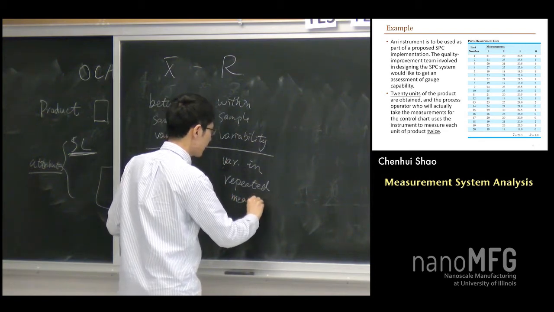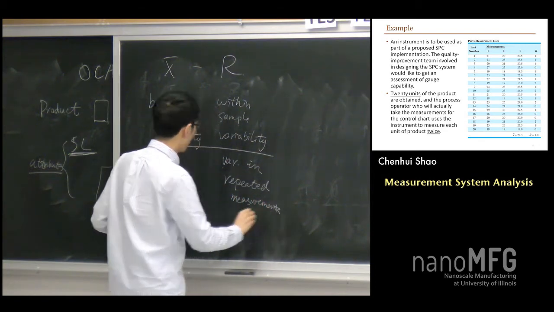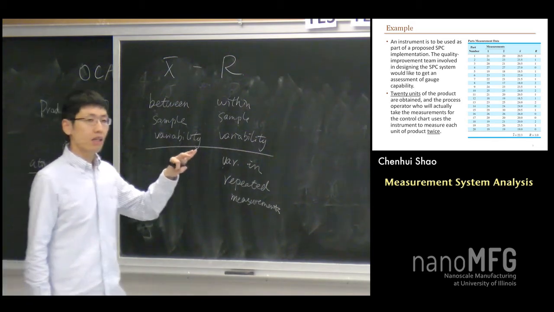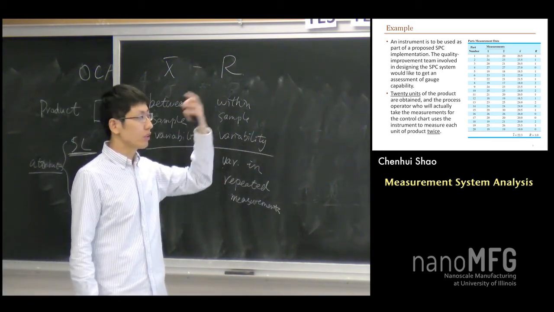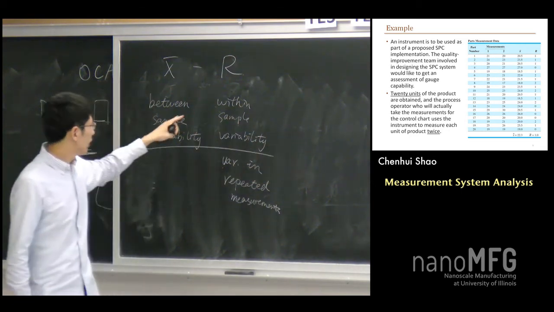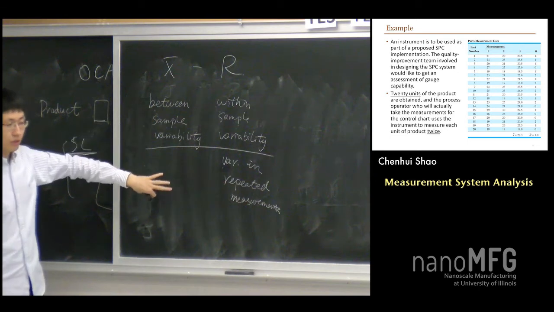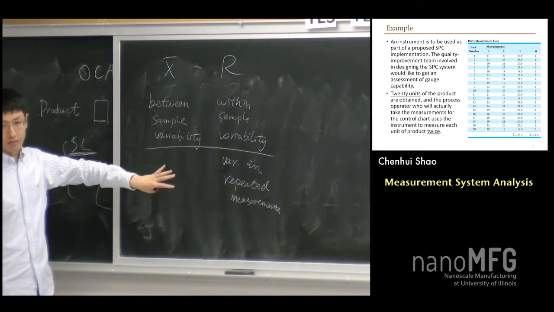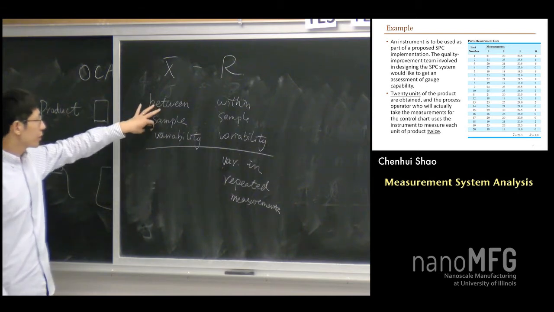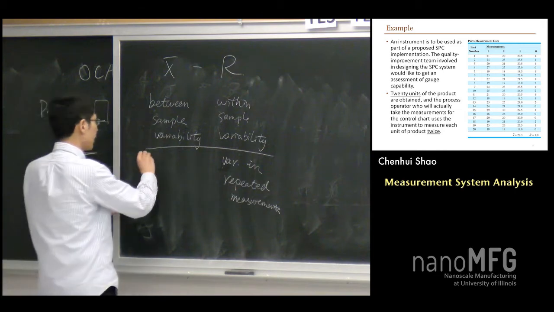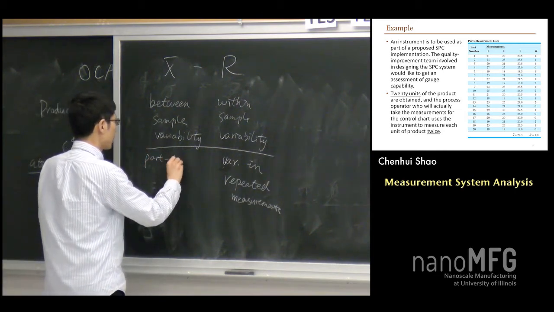All right? How about X bar? X1 bar is the measurement for part 1. X2 is for part 2. So X bar is really reflecting part to part variability. Is that right? Basically between samples, but here between parts. So what we can say is, we have part to part variability.